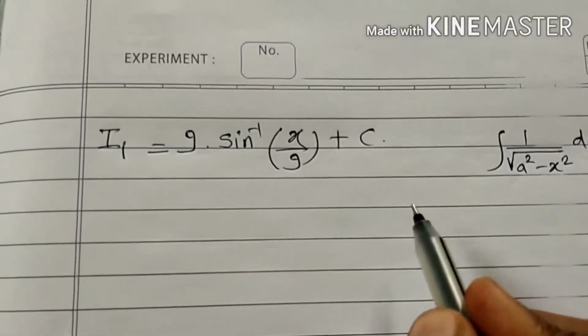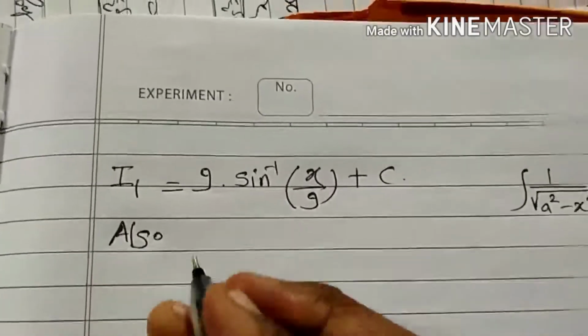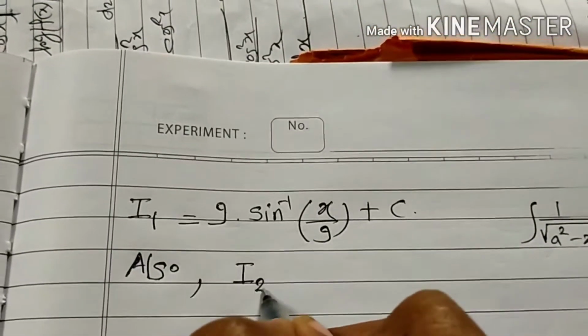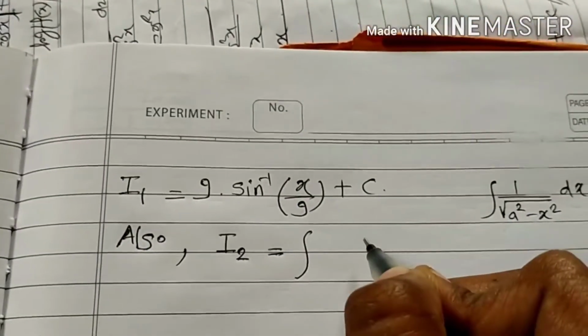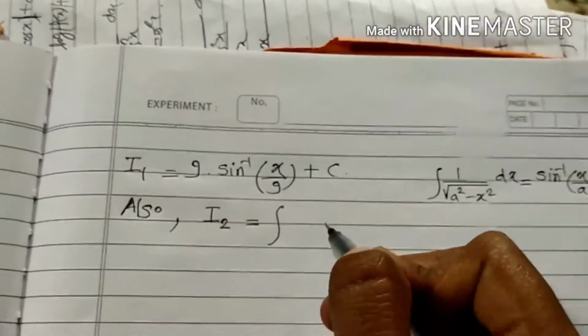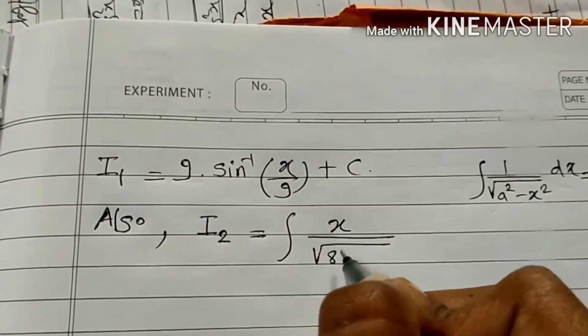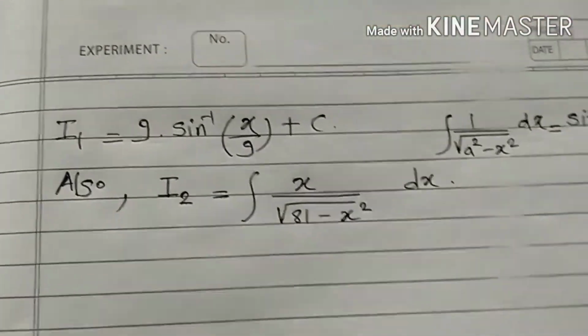Now this is the value of I1. So also the value of I2 is integration of x upon under root of 81 minus x square dx.